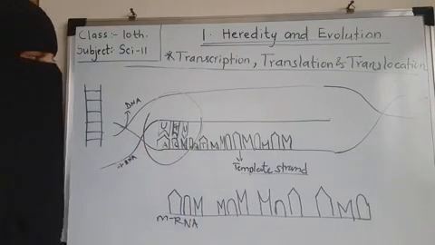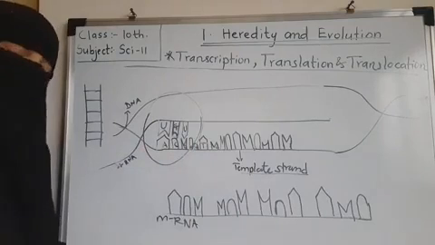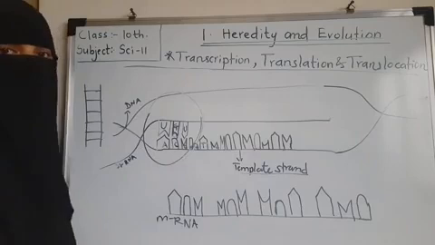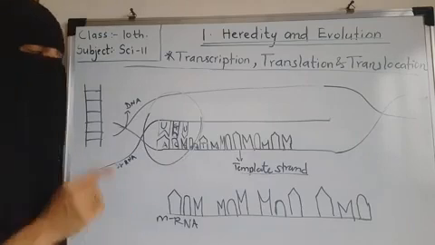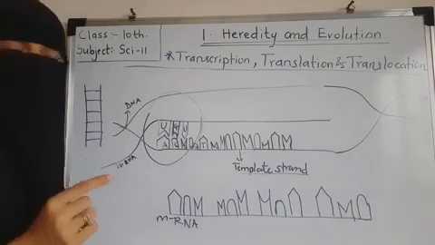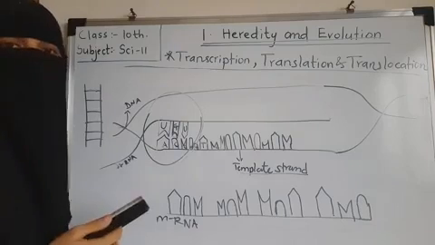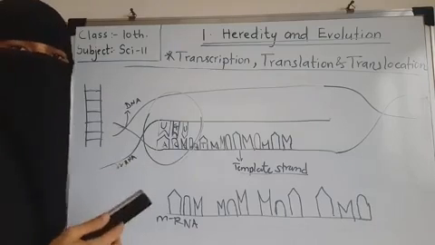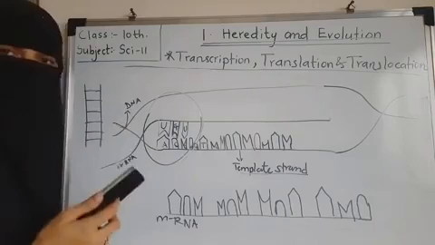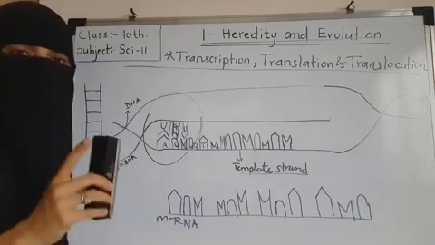Now there is a group of 3 nucleotides on messenger RNA, and that group is called a triplet codon. And this triplet codon gives information for one amino acid.